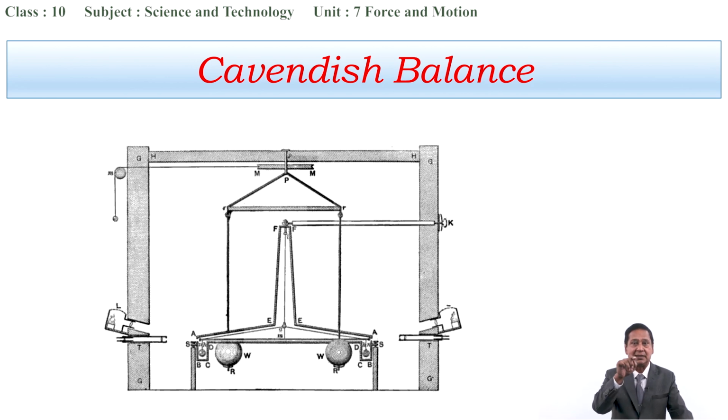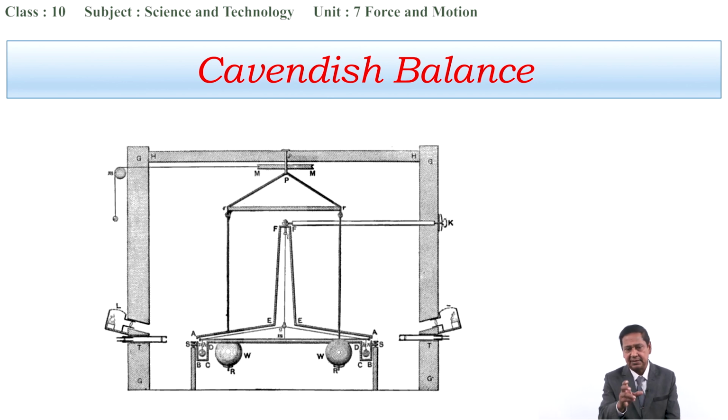This constant is capital G. Its value is 6.67 into 10 to the power minus 11 Newton meter square by kg square. A very small value of capital G, also determined by Cavendish.